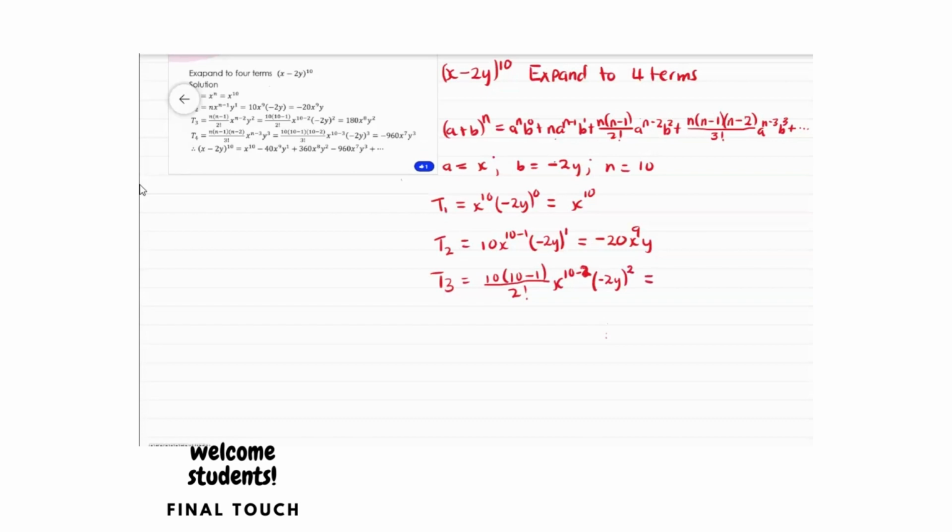On this note, we start by simplifying the coefficient here.